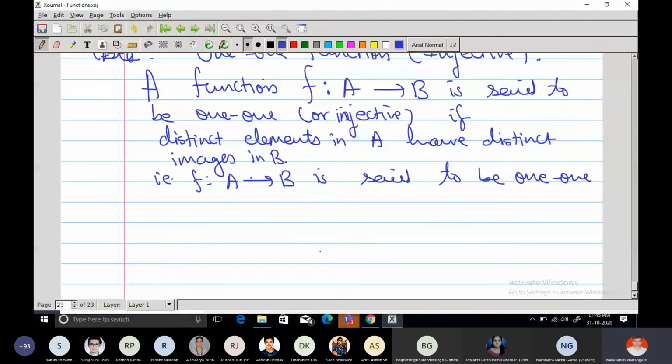So distinct elements in the domain must have distinct images in the codomain.